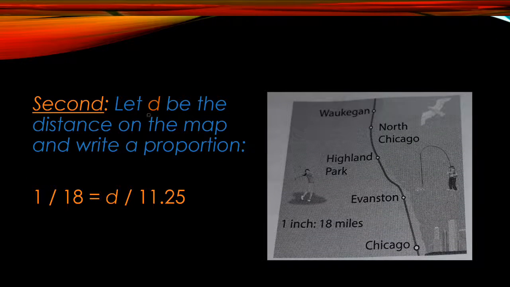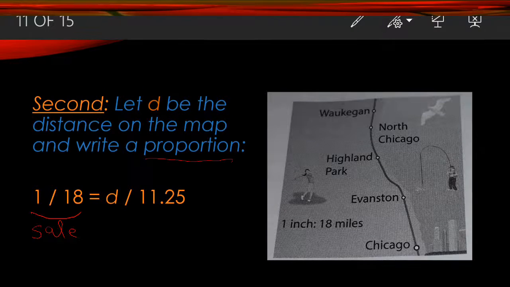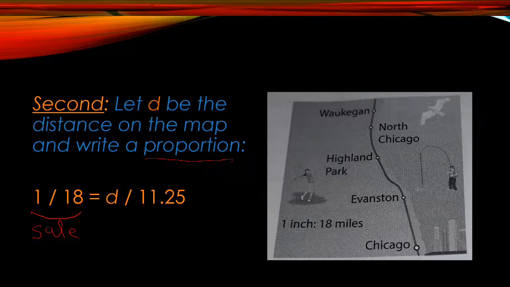Second, we give a variable to the unknown distance: let d be the distance on the map, and write a proportion. From the video before this, a proportion means two ratios equal to each other. The scale, as we got in the first step, is 1 over 18, and it equals d over 11.25.